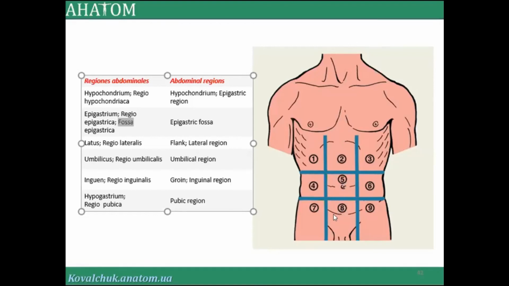And 8, what is this structure? The pubic region. Epigastric, umbilical, and pubic region. Next, number 4 and number 6 are the lateral right and left regions. And number 7 and number 9 are the inguinal right and inguinal left regions.